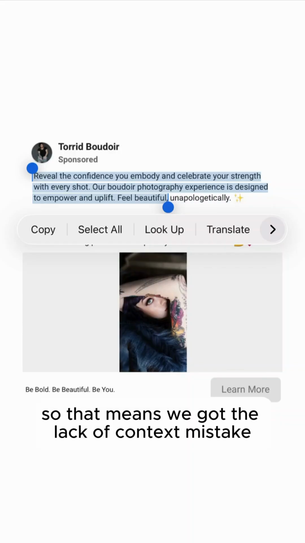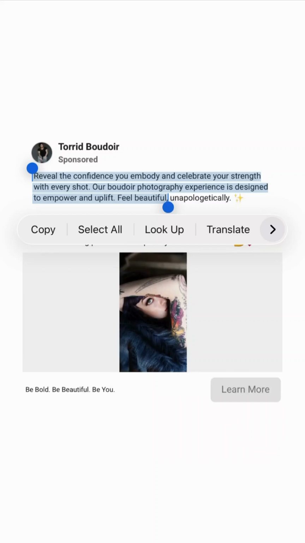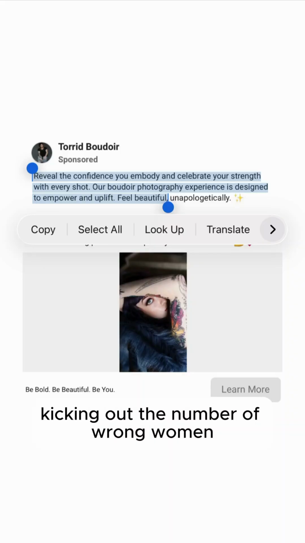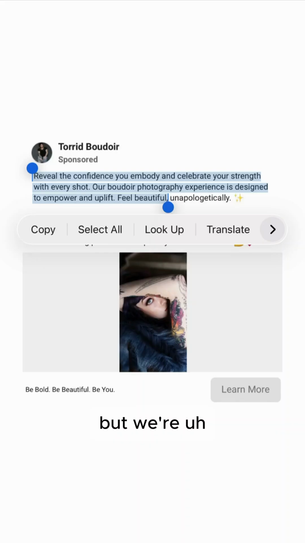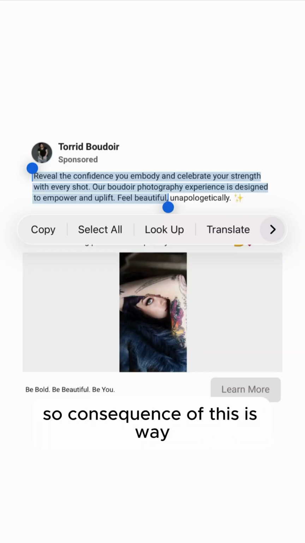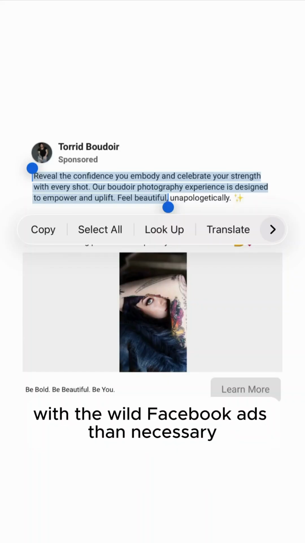So that means we got the lack of context mistake, which means we believe we provide enough context to maximize the number of correct women coming in, kicking out the number of wrong women. But we're not up at the top of the hump with this. The consequence of this is way more women are going to be scrolling by our Facebook ads than necessary.